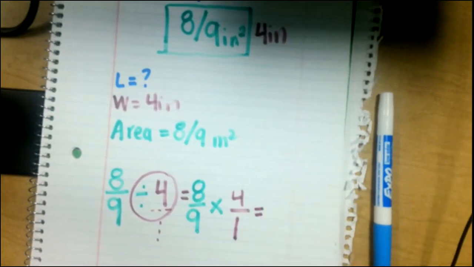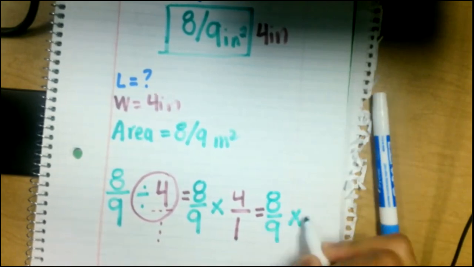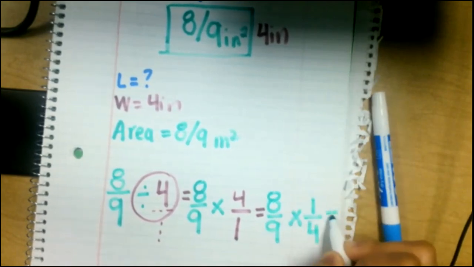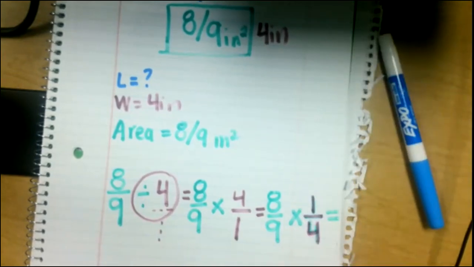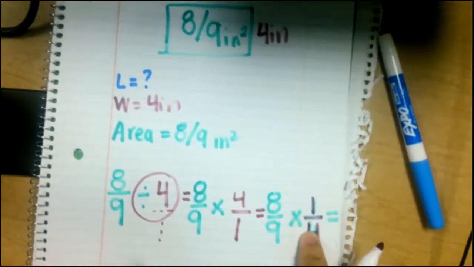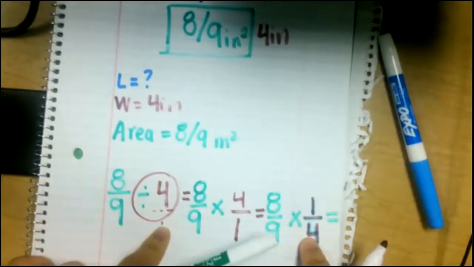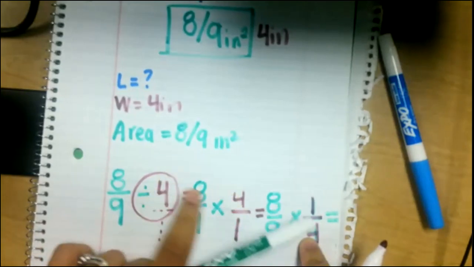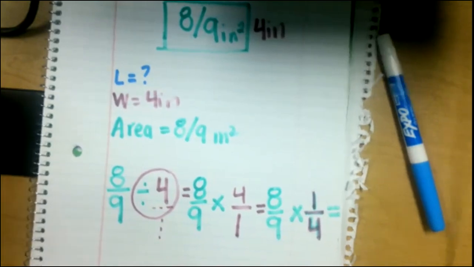So it's still not set up correctly. So 8/9 times 1/4. The reciprocal of 4 is 1/4. Because there's an invisible one, it's as if this were the original fraction and we flip it to divide.